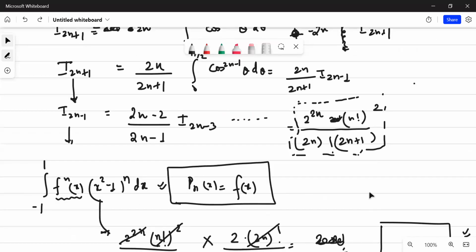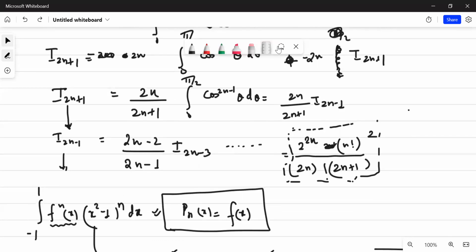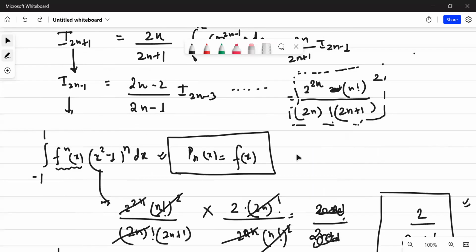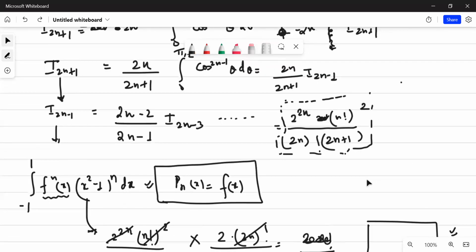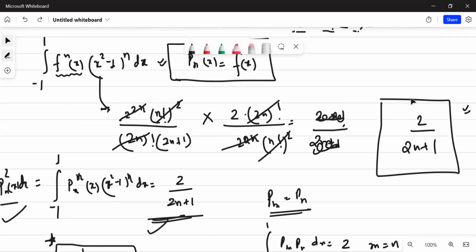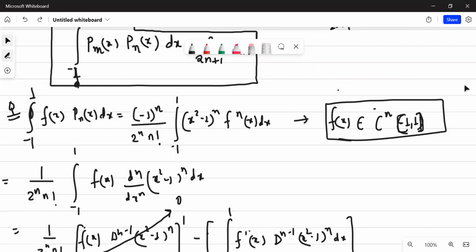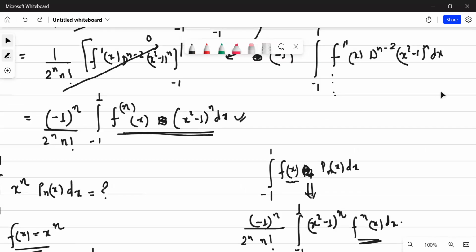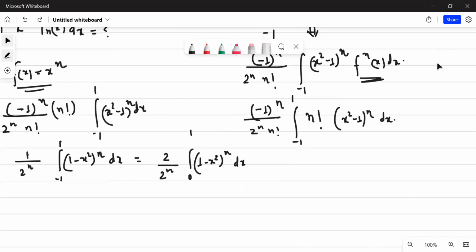So we already know that this integral that we are trying to find. Let me do it again, otherwise it will become too long.